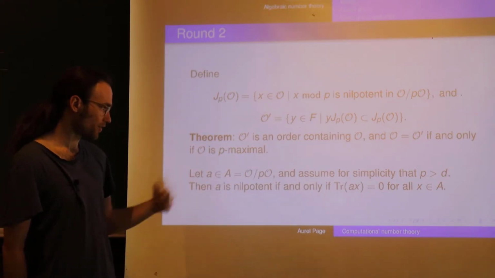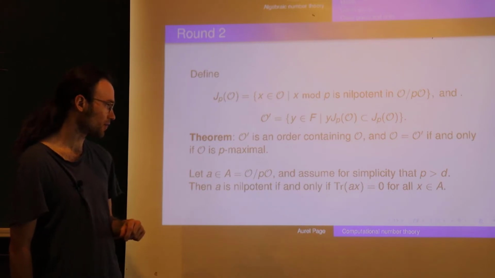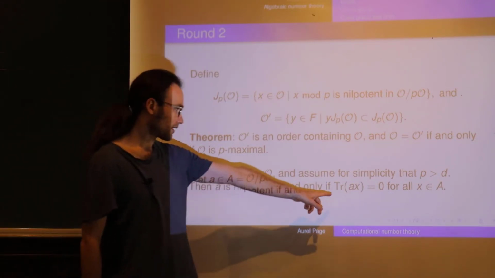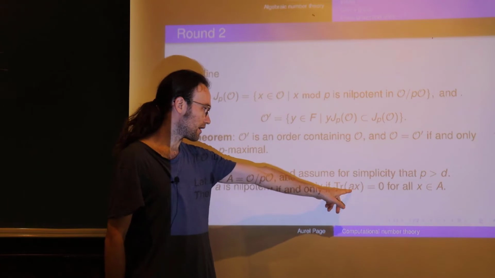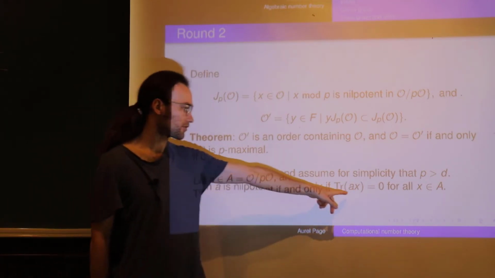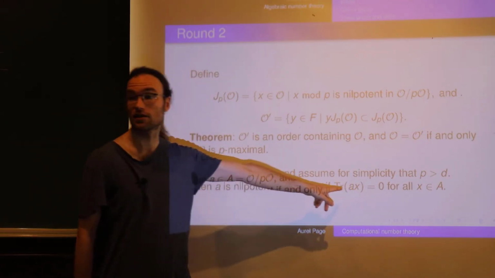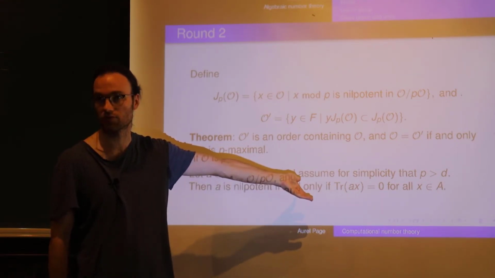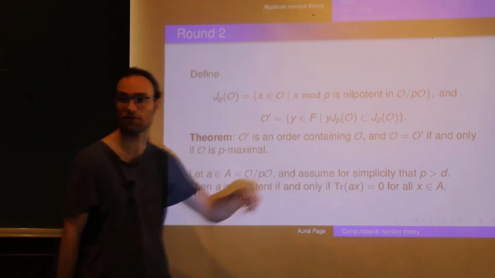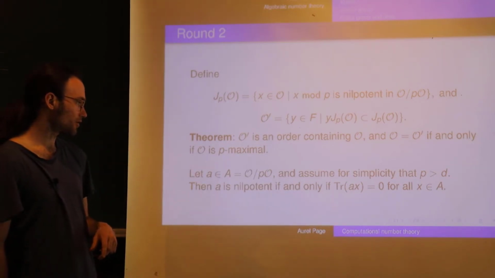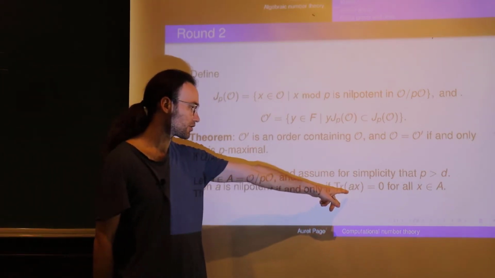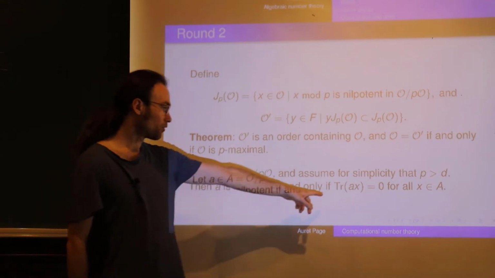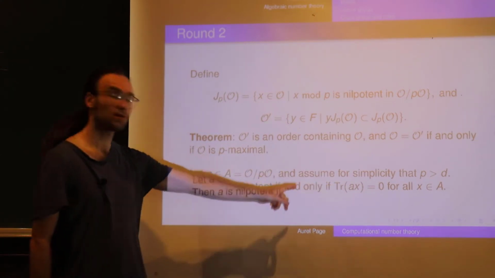So if you think a little bit about it, why is that? Well, if A is nilpotent, then A times x is nilpotent for every x, and nilpotent matrices have trace 0. So definitely you'll have this trace 0. And on the other hand, if you have this relation, in particular, all powers of A will have trace 0.